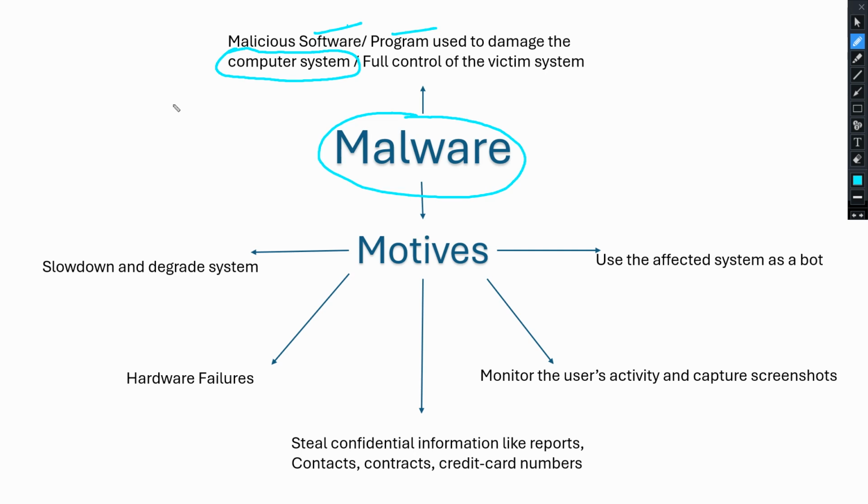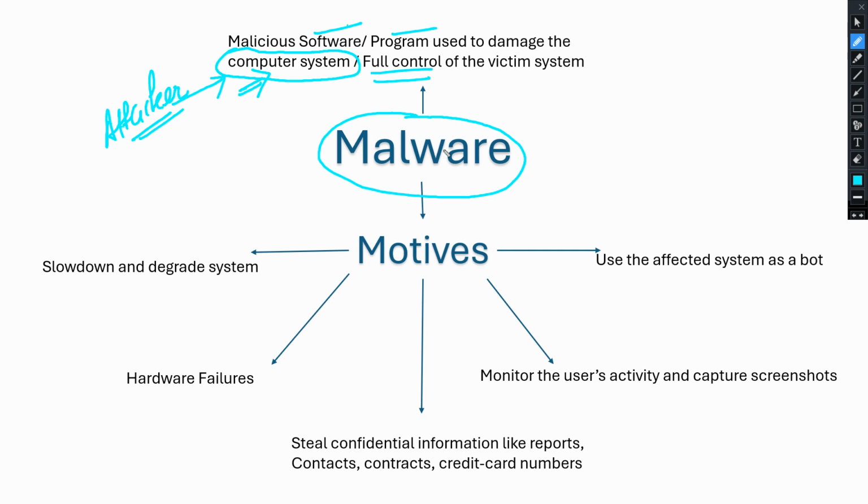Okay, so this is the target. Attacker motive is to crack this system, or you can say take full control of this system. After full control, the attacker can do anything. So malware is used to take the system's full control.